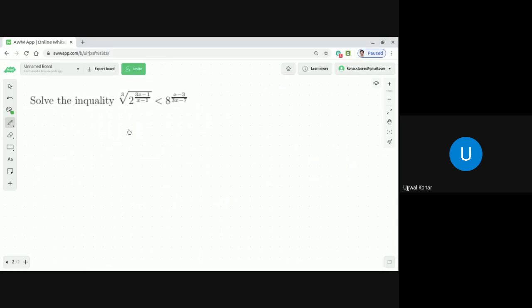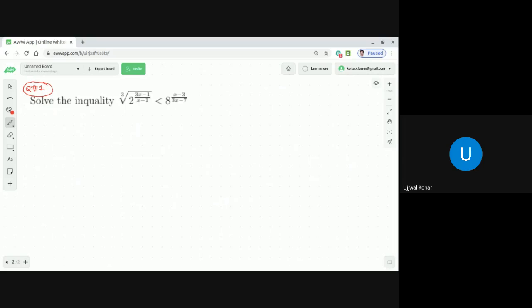This question says: the cube root of 2 to the power (3x minus 1) divided by (x minus 1) is less than 8 to the power (x minus 3) by (3x minus 7). This is the inequality we are going to solve now. This is question number 1 we are discussing today. So how to approach this one?